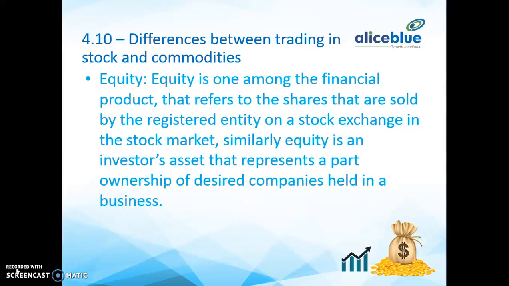The difference between trading in stock and commodities. Equity is one among the financial product that refers to the shares that are sold by the registered entity on a stock exchange in the stock market. Similarly, equity is an investor's asset that represents a part ownership of desired companies held in a business.